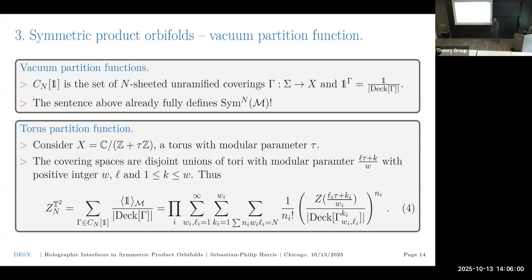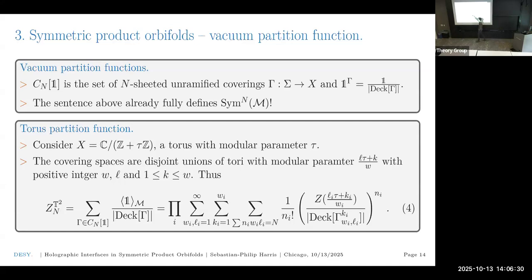And what is kind of nice about this way of looking at symmetric product orbifolds is that this sentence essentially already tells us everything and already defines the entire theory, in the sense that because I left X to be arbitrary, you can take now the torus or genus 2 surface, and from this you can then construct, for instance, the entire spectrum or all the OPE coefficients of the symmetric product orbifold.